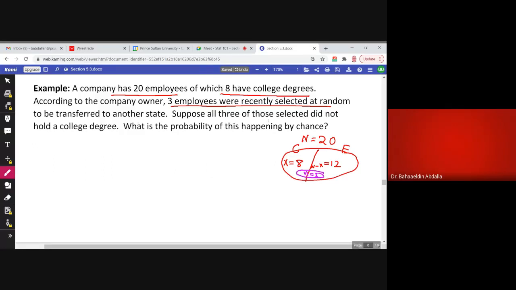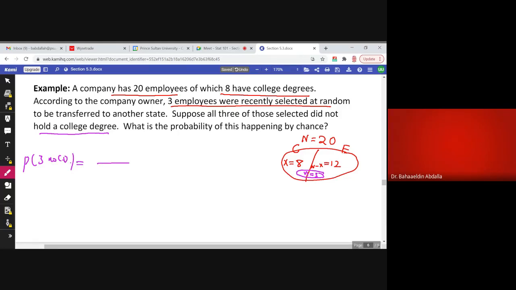Suppose all 3 of those selected did not have a college degree. What is the probability of this happening by chance? Meaning, what is the probability of selecting 3 with no college degree? So probability of 3 no college degree.